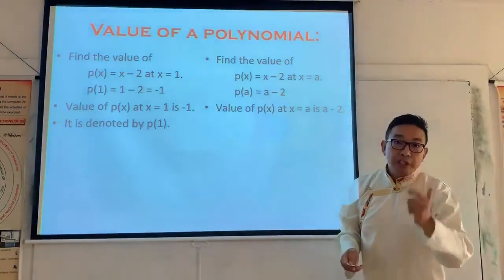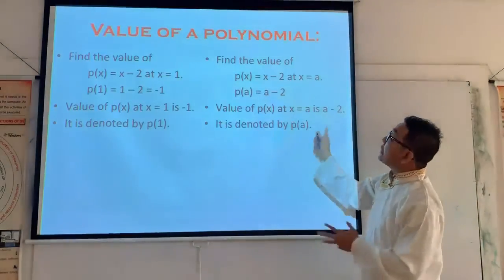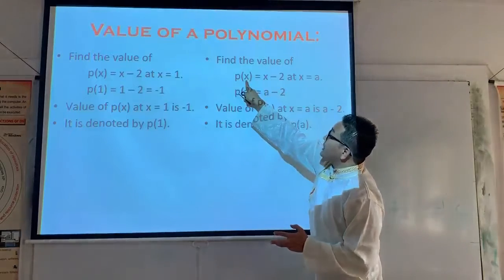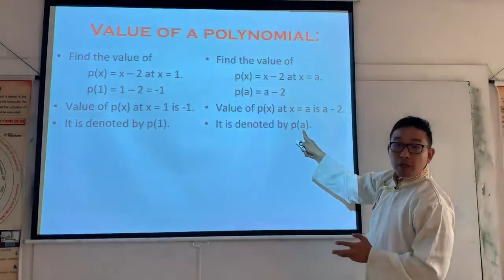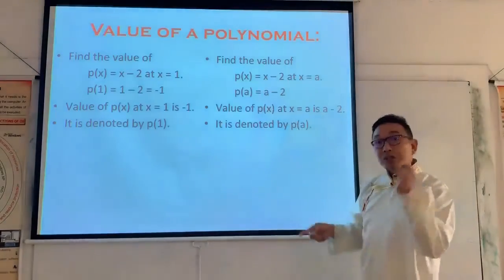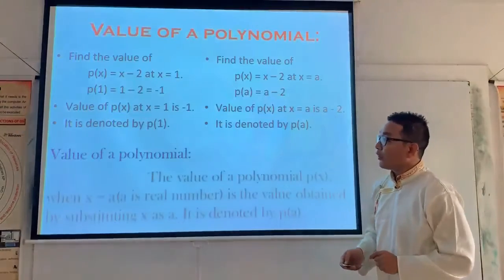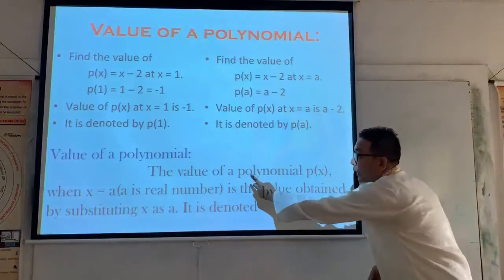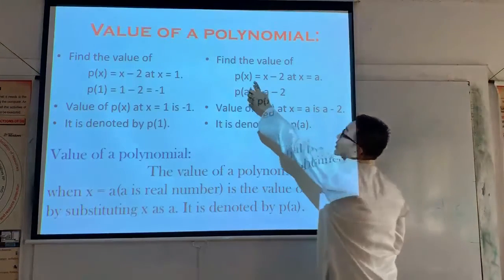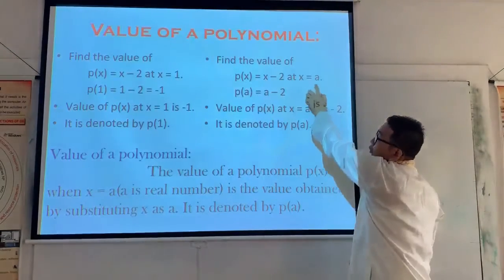The value of a polynomial at x is equal to a is denoted by p of a.